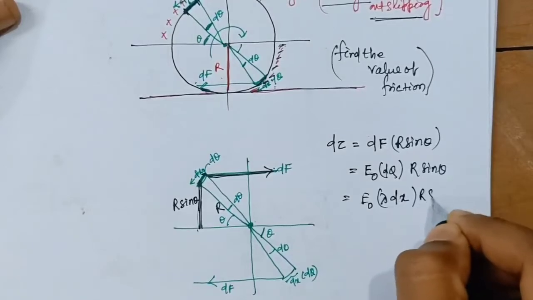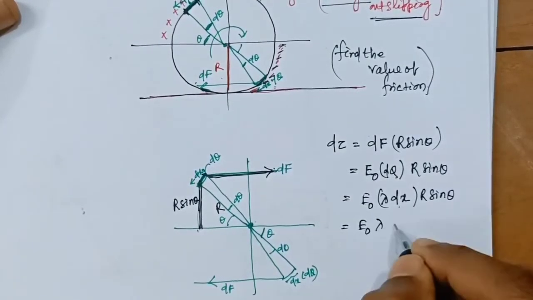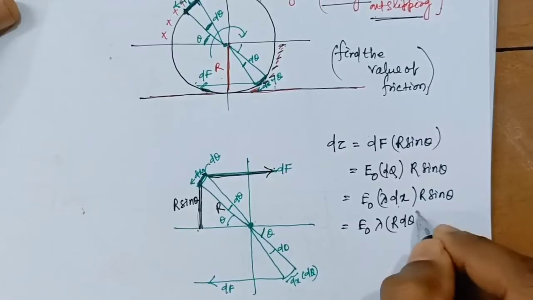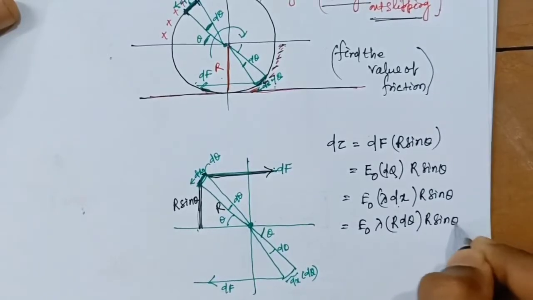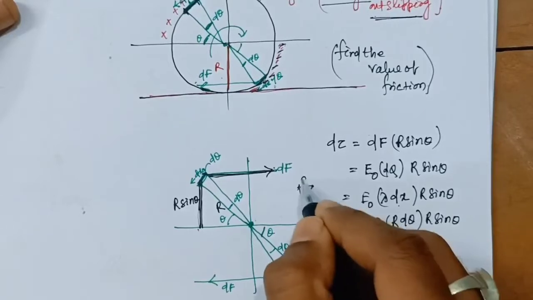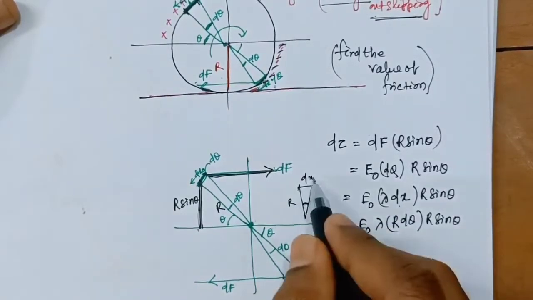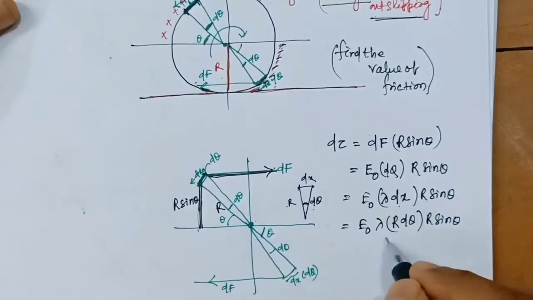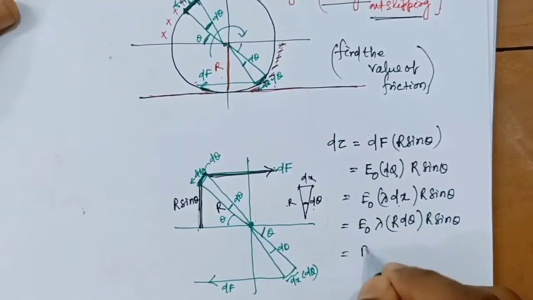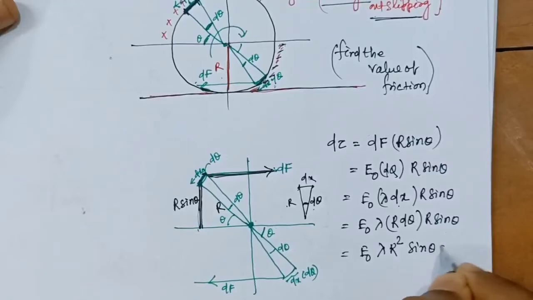And it is obvious that dx can be written as r d theta, since angle equals arc upon radius. So this is E naught lambda r square sin theta d theta.